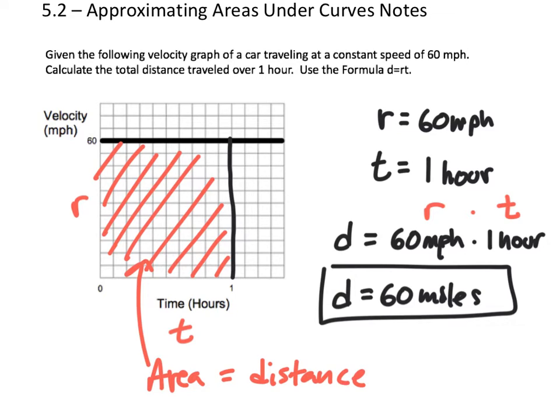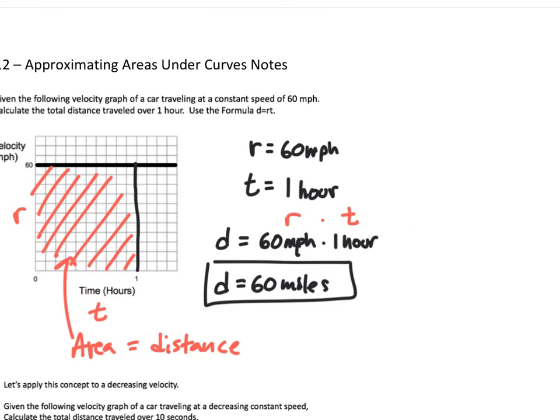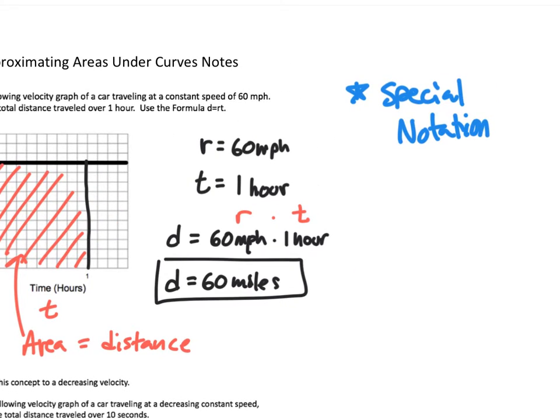Now, we can find the area under this graph pretty easily. It's not very hard for us to do this math, but I want to use some special notation here. This is really important that we write this down. We're going to use the integral symbol, and I'll explain to you later on why this works.